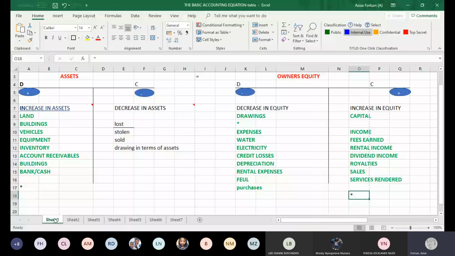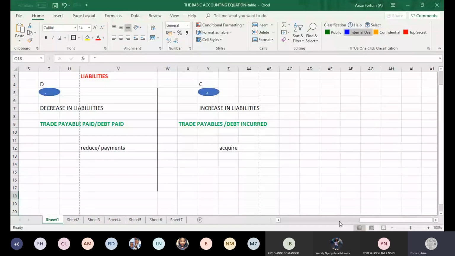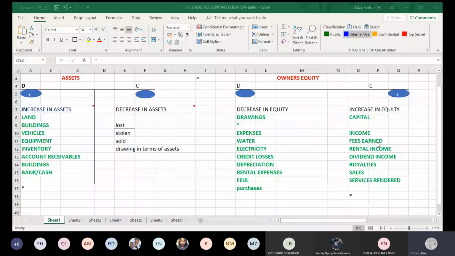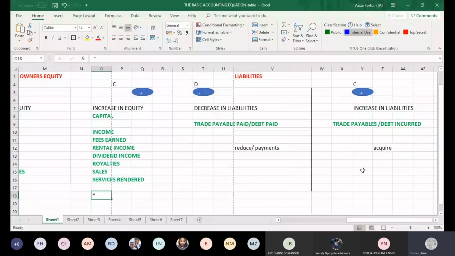The next example, they said purchased merchandise on account for 400,000. Now, if we buy on account, it is a liability. Because they didn't specify who they bought it from, we're just going to treat it as liabilities. So we bought it on account, so obviously my liabilities are going to increase.